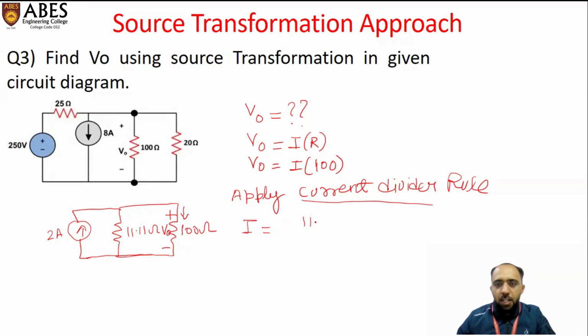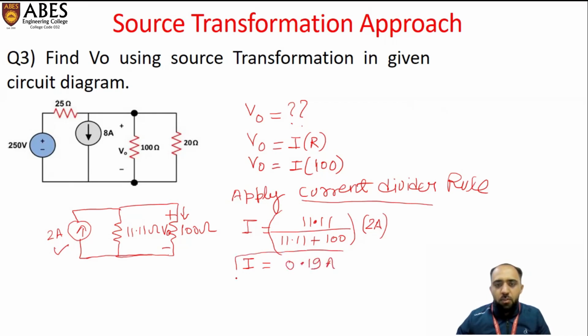So writing 11.11 opposite resistance, 11.11 into 100, multiplied by the total current, that means 2 ampere. So now on getting this, the value of current is 0.19 ampere. I got the value of current across 100 ohm. I'm writing here also current across 100 ohm is 0.19 ampere.